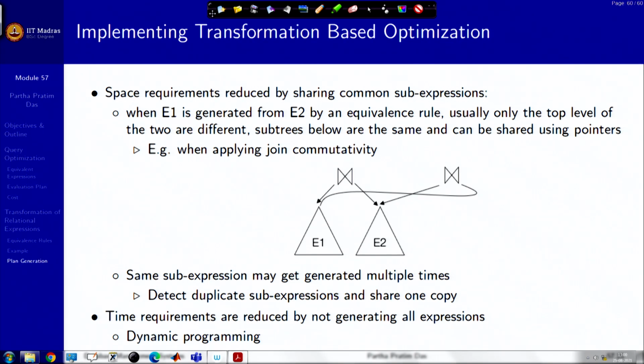So, you always have the best current cost option. So, you dynamically keep on checking where you need to improve on the equivalent expressions, which ones will never give you a better expression, and keep on pruning those. I mean, typically that is the way the dynamic programming Tableau method works.